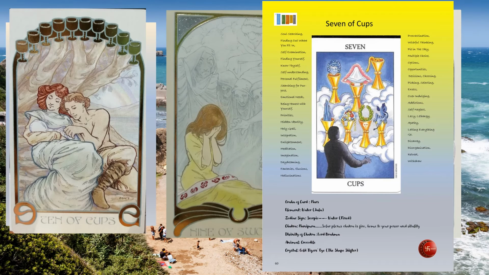So your Seven of Cups tells you to take that step, use the crystal, the gold tiger's eye, the shapeshifter, and sift out the gossip that is flowing into your life from Neptune under the sea, from the water element. They may come up to you on the clouds, or they may just dissipate when the sun takes them and makes them disappear, because the sun can dissolve the water.